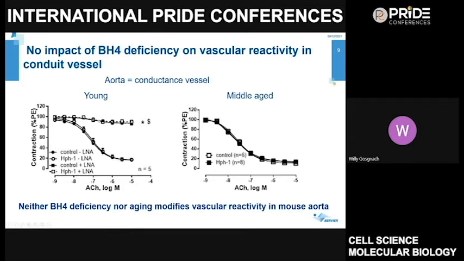This vasodilation is totally abolished by an inhibitor of nitric oxide synthase, showing that it is a NO-dependent vasodilation. And the BH4 deficiency in this young animal has no effect on the vasodilation. In the middle-aged control animal, we have the same vasodilation as in the young one. And the BH4 deficiency induces no dysfunction.